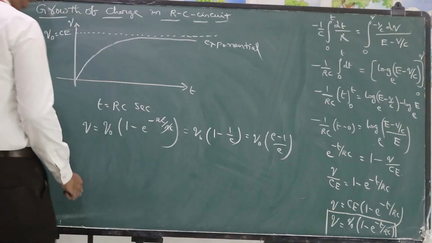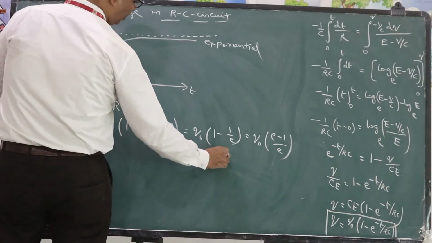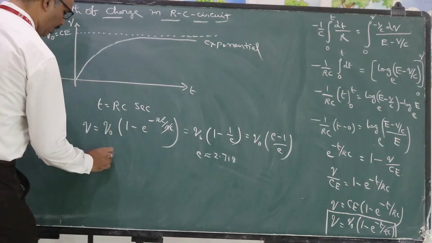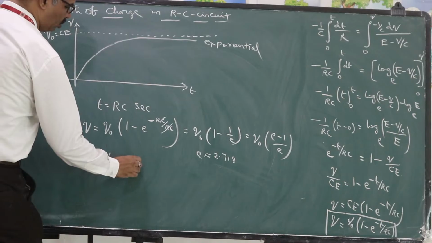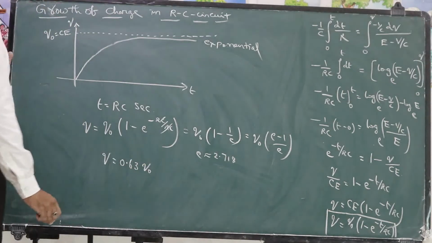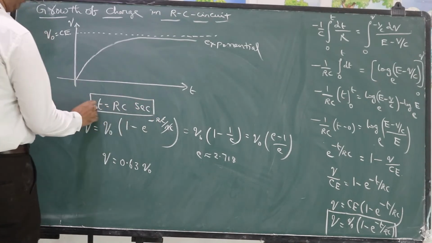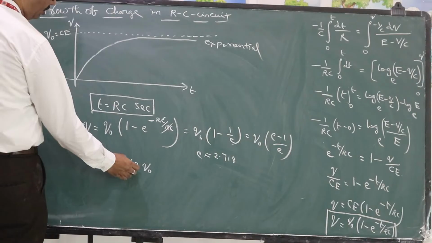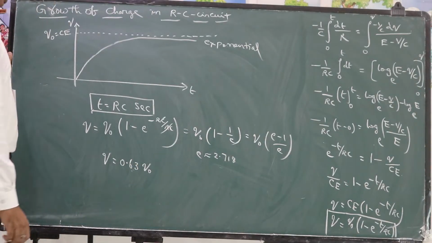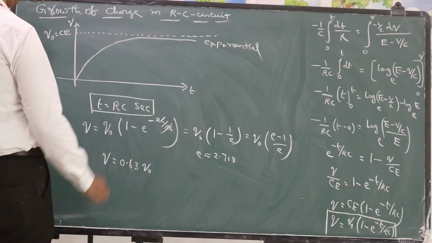You know that e value is approximately 2.718. By substituting it here, you find Q is equal to 0.63 Q naught. It is clearly stating that after RC seconds, the charge grows to 63% of the maximum charge.